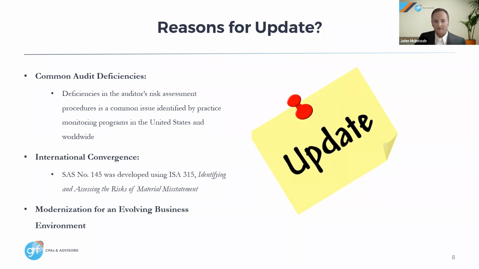SAS 145 recognizes the increasing complexity of entities and auditing. It does so by highlighting audit methods and tools such as remote observation of assets using drones or video cameras, the use of data analytics software, artificial intelligence, and visualizing techniques to identify risks, and performing risk assessment on large volumes of data, including data analysis, recalculations, reperformance, and reconciliations.